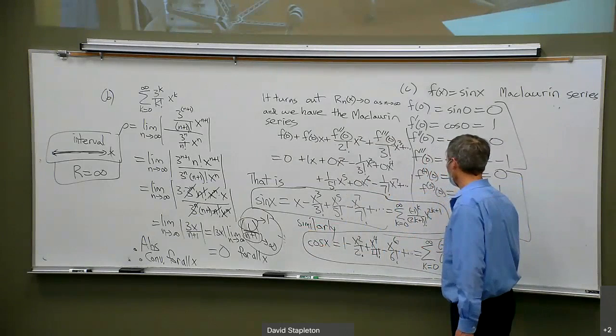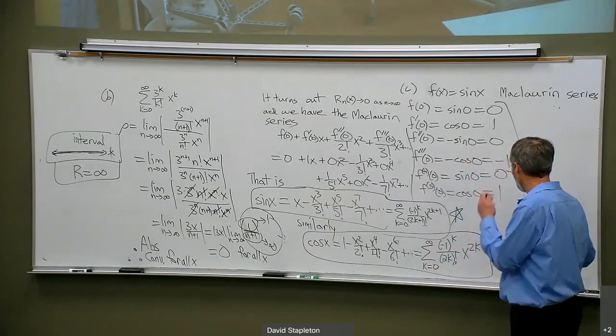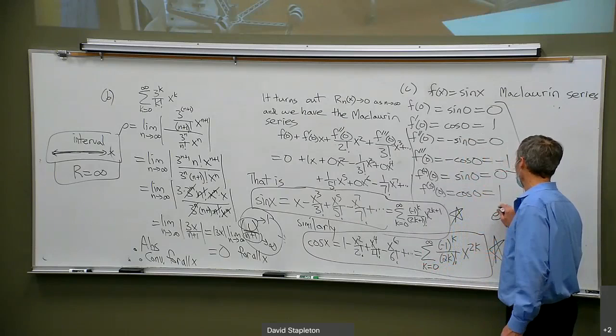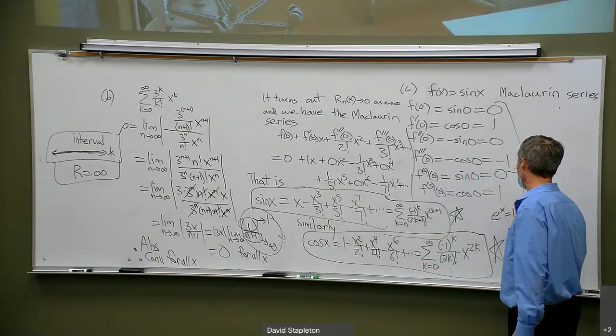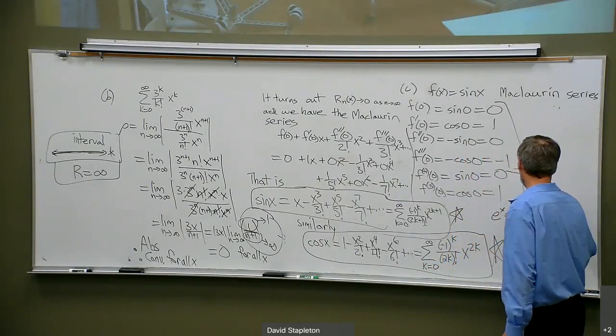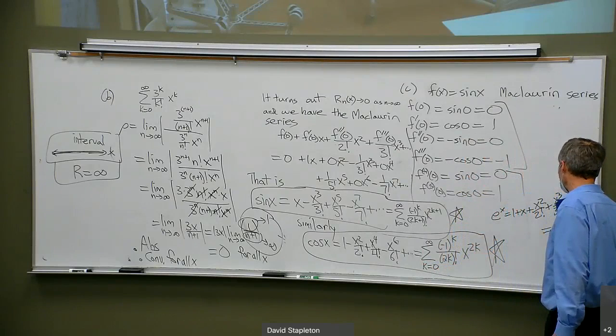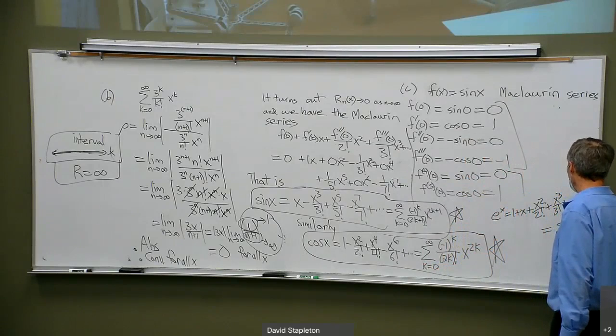You memorize this one, and you memorize e to the x and 1 over 1 minus x. E to the x was this. Right, it was 1 plus x plus x squared over 2 factorial plus x cubed over 3 factorial plus and so on. And it had this nice notation. Sigma notation is easy. Sum k equals 0 to infinity x to the k over k factorial.